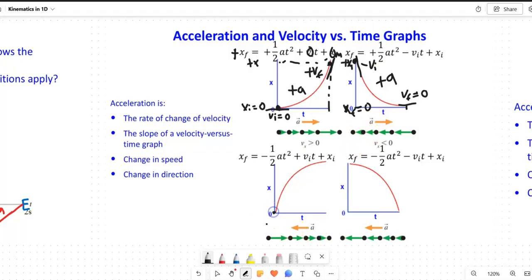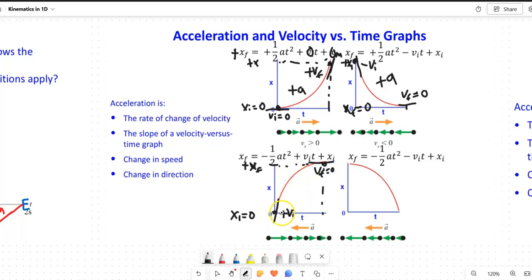Over here, the initial position is right there. So xi equals 0. Your initial slope is very positive, so that's going to be a positive vi. Your final position is a positive final position, and your final slope is 0 at that final position. So that is v final equals 0.